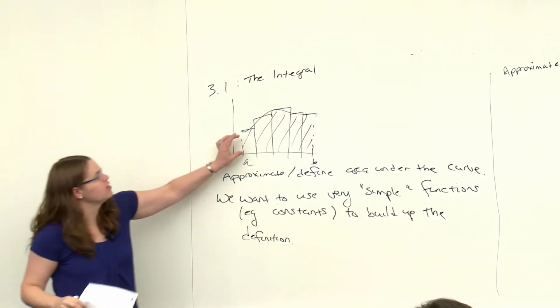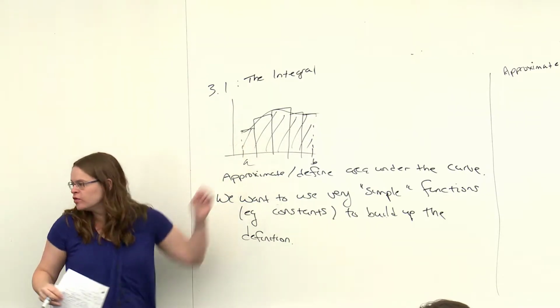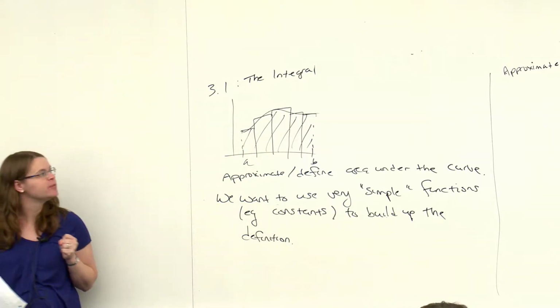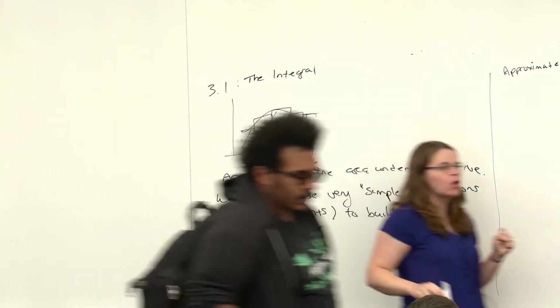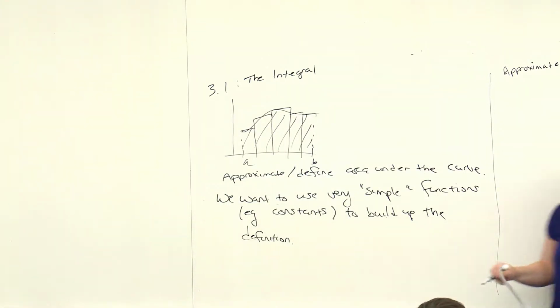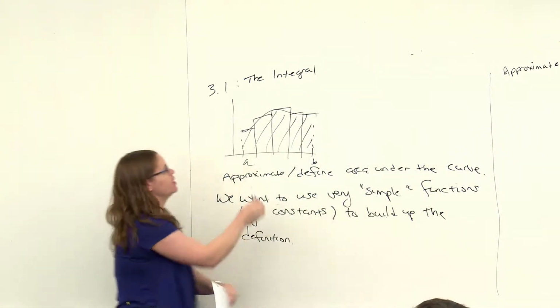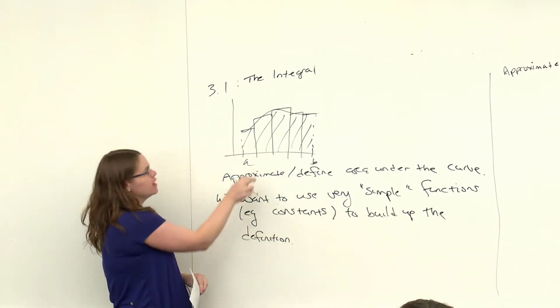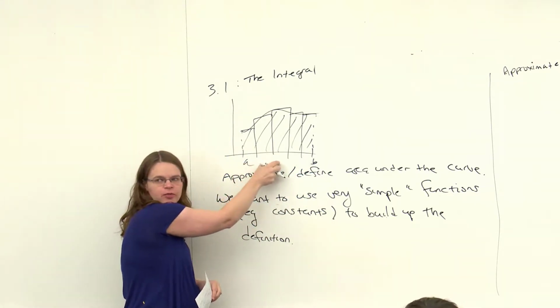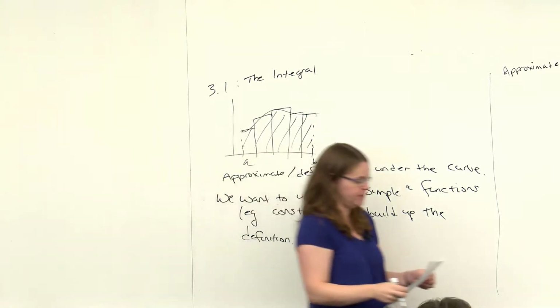And each of those constant functions in the little intervals, I can easily find the area of. Okay, so before I do anything else, I need to start by breaking up my interval, a to b, into some smaller subintervals that are going to form the base of all these little rectangles.